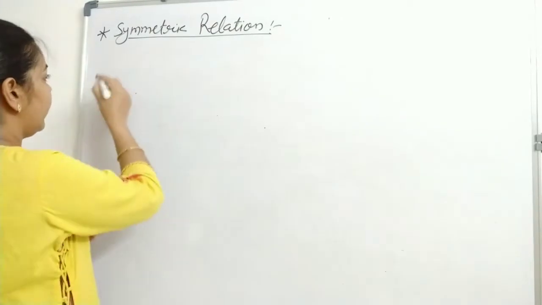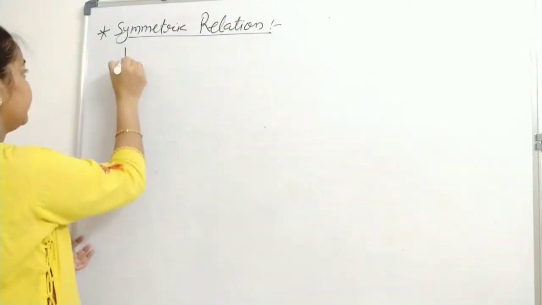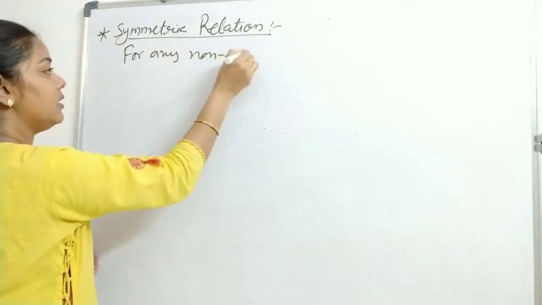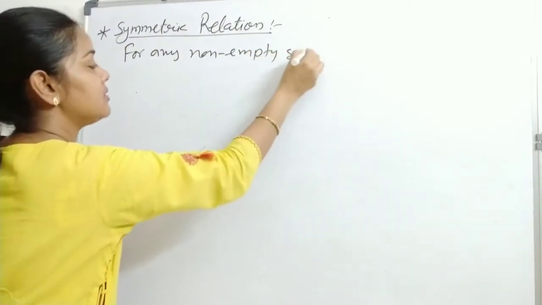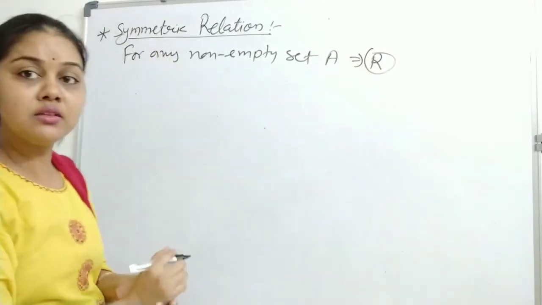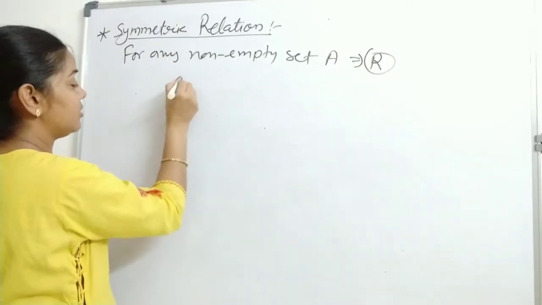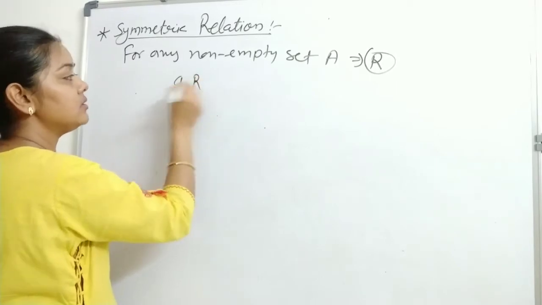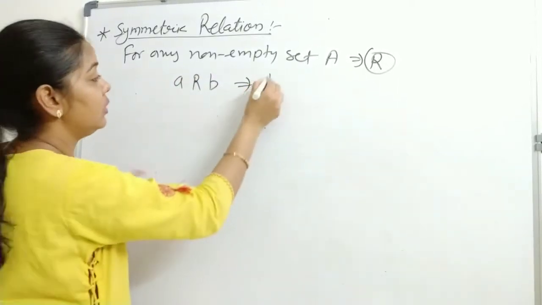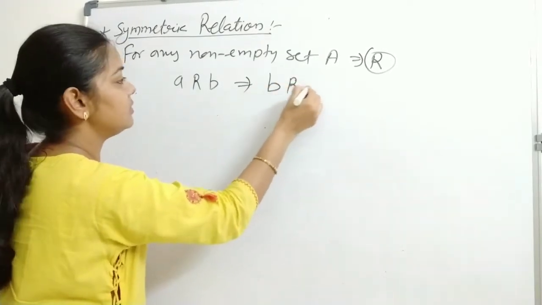Suppose for any non-empty set A, there is a relation R such that a is related with b implies that b is again related with a.